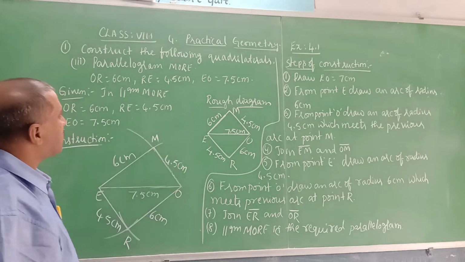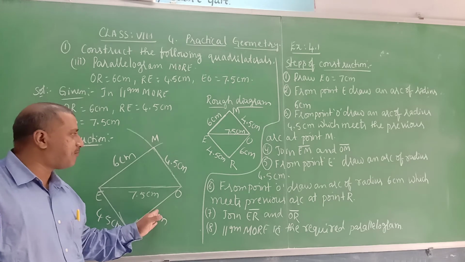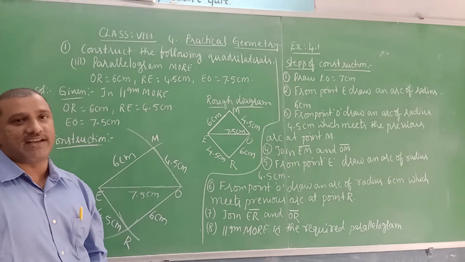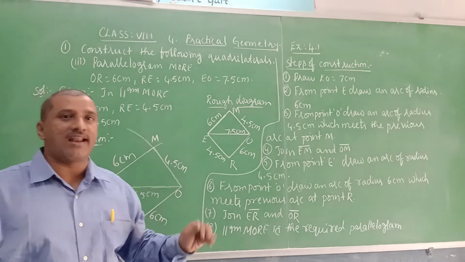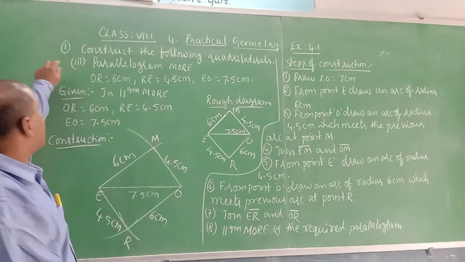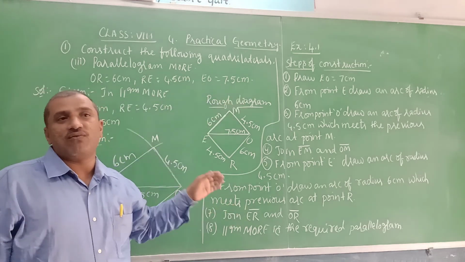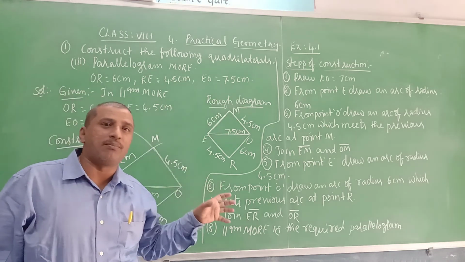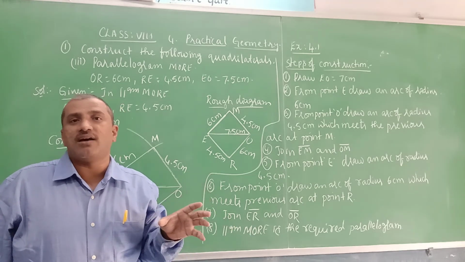If in place of a parallelogram, a rhombus is given with one side and one diagonal, how to construct it? That is the fourth question in the first bit itself. We know the properties of a rhombus: all the sides are equal.